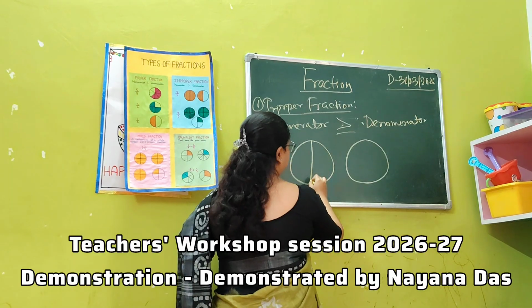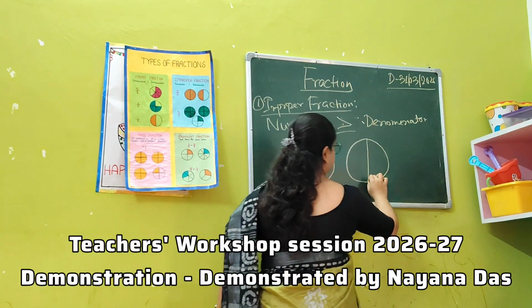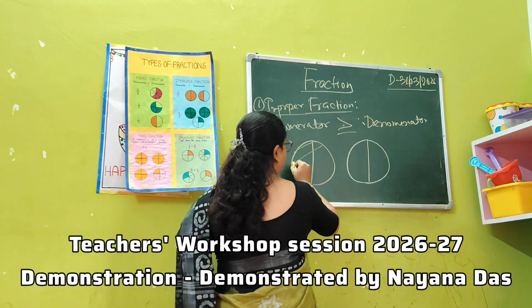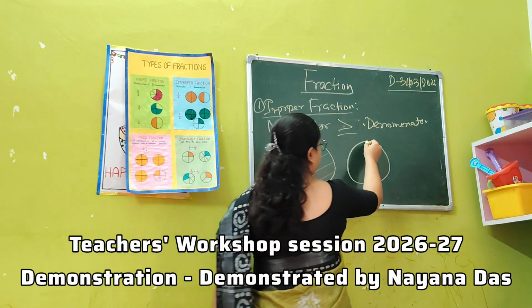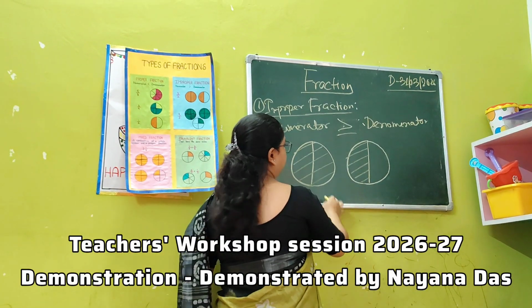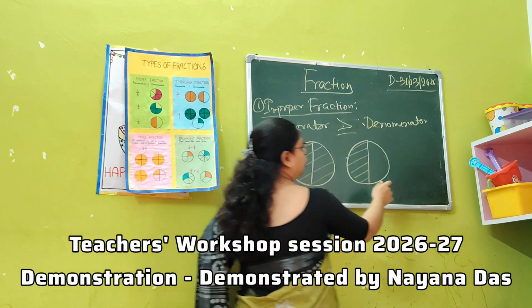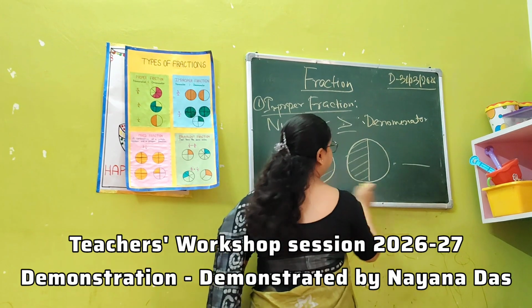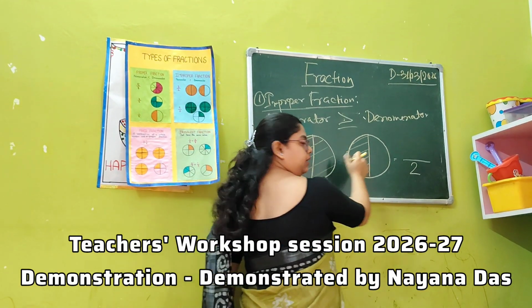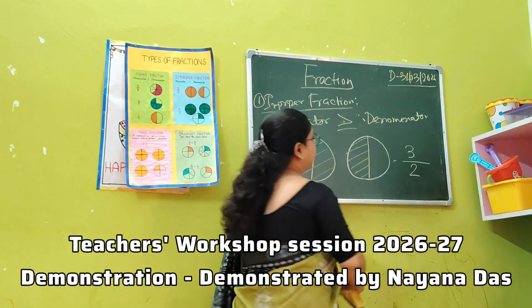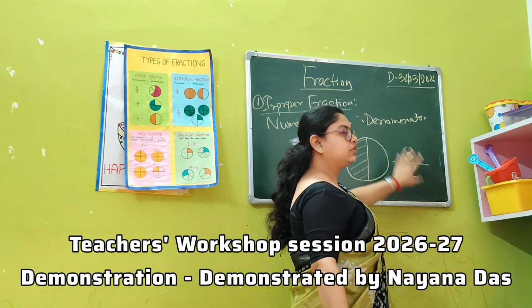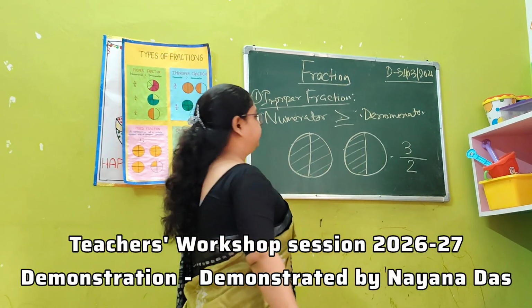Here we are dividing each into 2 equal parts, and we are taking all the parts of one and 1 part of the other. So the whole things will be 2, and from here we are taking 3 parts: 1, 2, 3. We will write 3 here. And the numerator 3 is greater than the denominator 2. So it's an improper fraction.